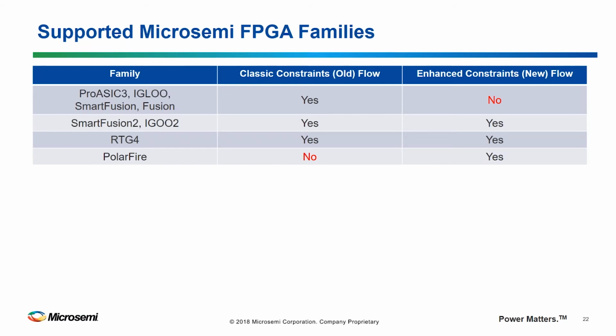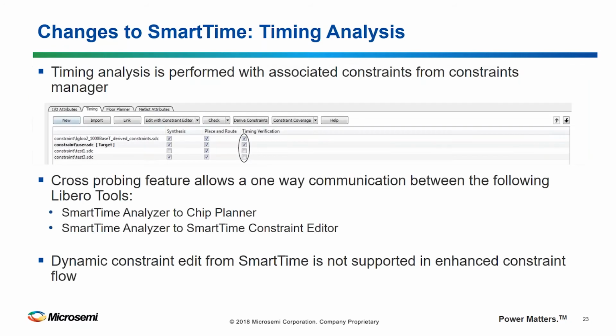So I walked you through quickly on the enhanced constraint flow, and I just wanted to show you which families are supported with this flow. The third generation flash families, ProASIC 3, Igloo, SmartFusion, and Fusion, are supported with the classic constraint flow, but they are not supported with this new enhanced constraint flow.